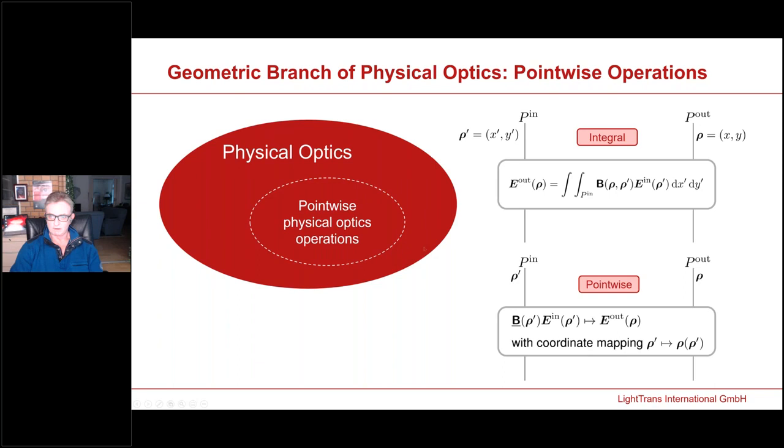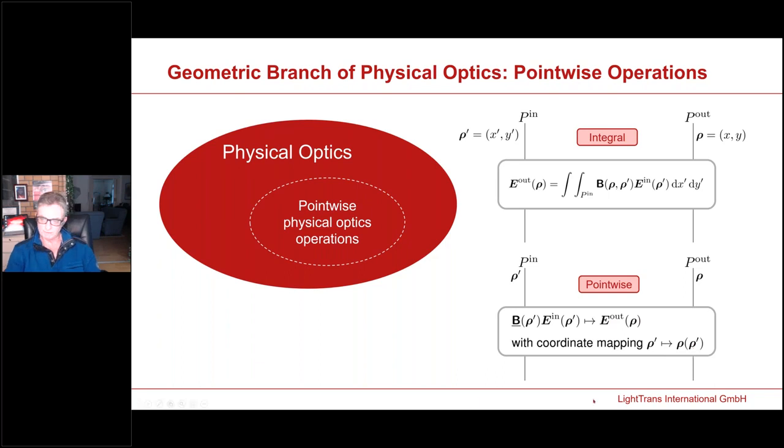So it means, in a more abstract way to formulate it in the general way, physical optics is an integral connection between the input field and the output field. So it's an integral. Whereas in this subfield, in the geometric branch, we have a pointwise operation. So one input field at one value, get a matrix on it, and comes an output value at a different position.